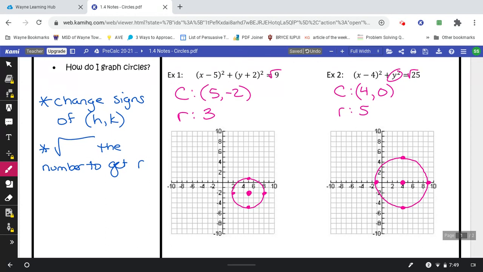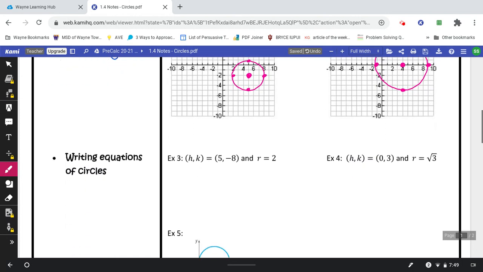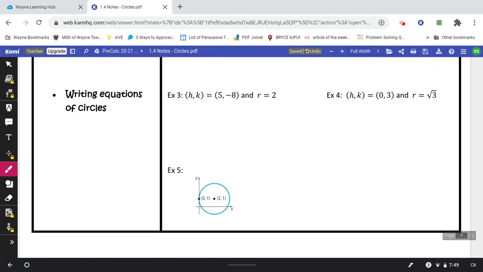For the next part, you're going to actually work backwards. So instead of being given the equation, you're going to be given the information, the center and the radius, and you're going to have to write the equation. So for example number 3, same things, just make sure you change the signs of the h and k again.